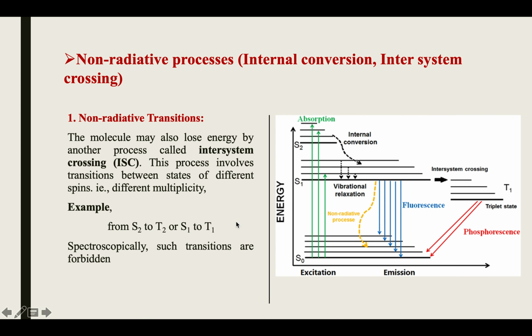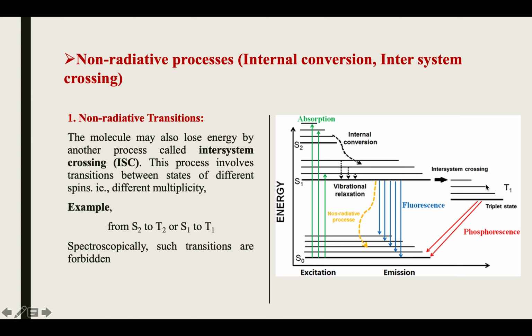As you can see in this figure, S2 to S1 is internal conversion. The triplet and S1 states have different spin multiplicity, as we have seen in the last lecture.